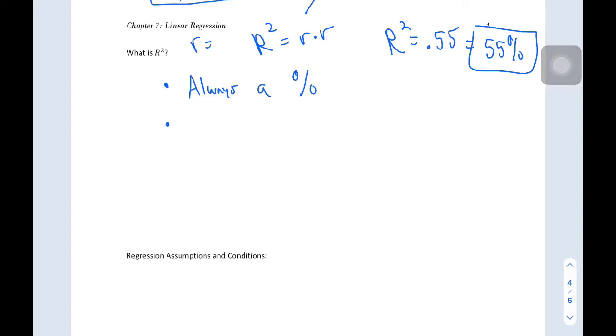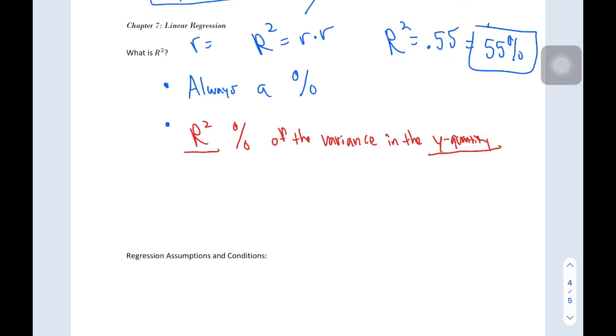All you have to do is write a sentence, and that sentence is your r squared percent. So blank percent of the, we could say, variance or variability in the y quantity.